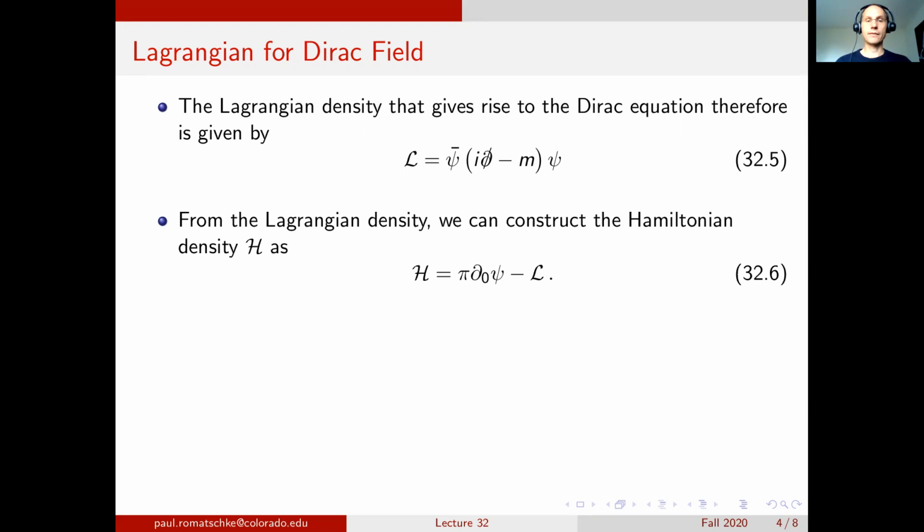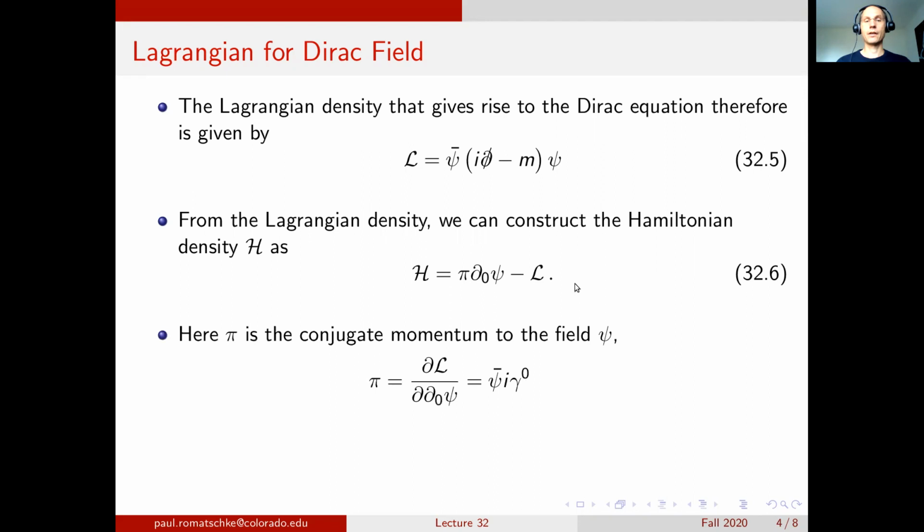Having the Lagrange density, we can construct the Hamiltonian density H simply by the definition that H has to be the conjugate momenta times the time derivative of the field minus the Lagrange density. Here, the conjugate momentum pi is defined as the derivative of the Lagrange density with respect to the time derivative of the field, which, using this Lagrange density in equation 32.5, gives rise to psi bar i gamma 0.